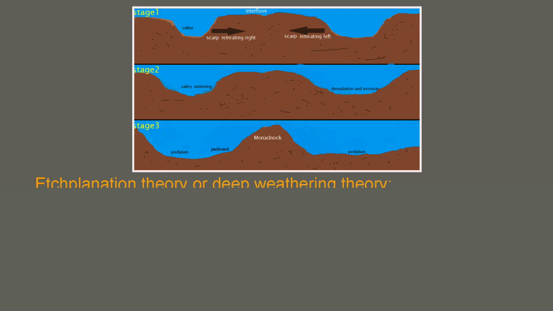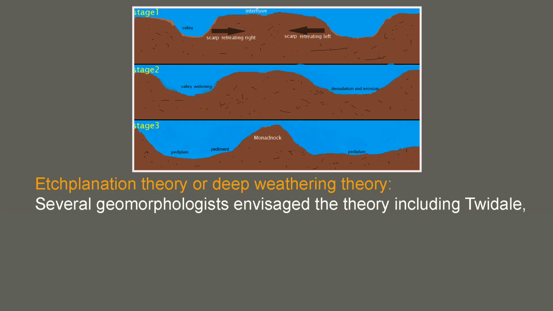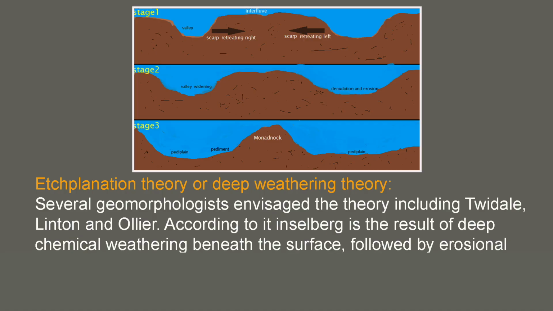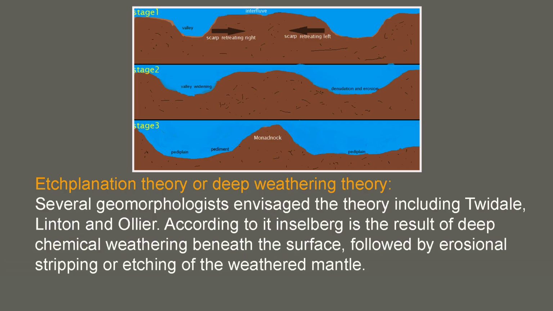Etchplanation theory, or deep weathering theory. Several geomorphologists envisaged the theory, including Twidale, Linton and Ollier. According to it, an inselberg is a result of deep chemical weathering beneath the surface, followed by erosional stripping or etching of the weathered mantle.